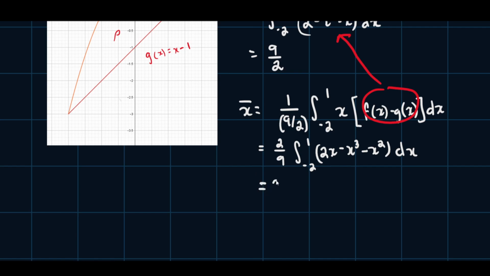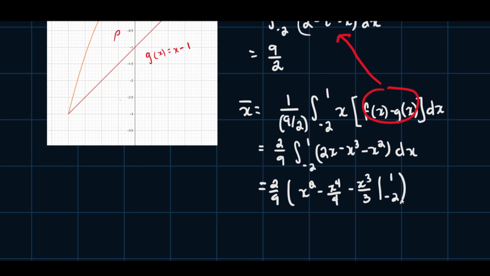Simplifying, we have 2 over 9. Tapos, ito ay maging x squared minus x to the 4th over 4 minus x cubed over 3 evaluated from -2 to 1. Okay?